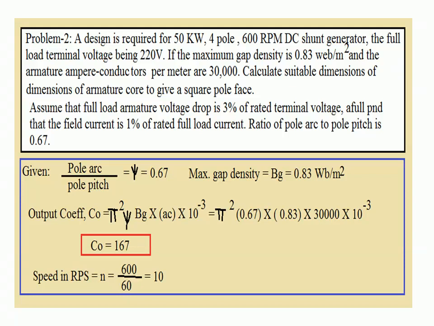By using that relation, you have to calculate output coefficient, C naught equal to pi square times the ratio of pole arc to pole pitch, Bg into AC into 10 to the power of minus 3, where you replace B average with the Bg value. Then we are going to get C naught equal to 167. Then speed in RPS we are going to get as 10.